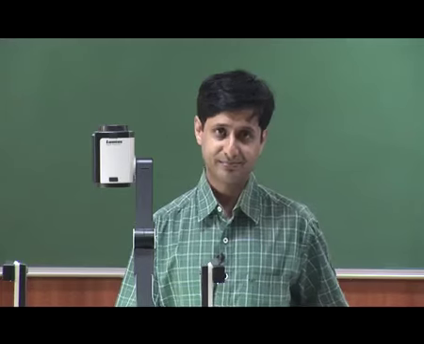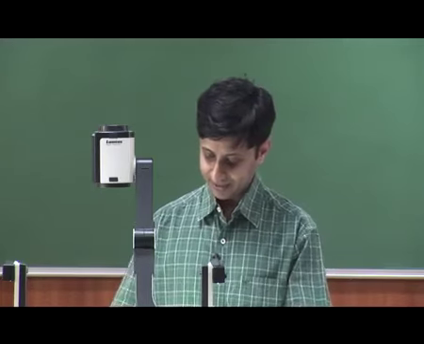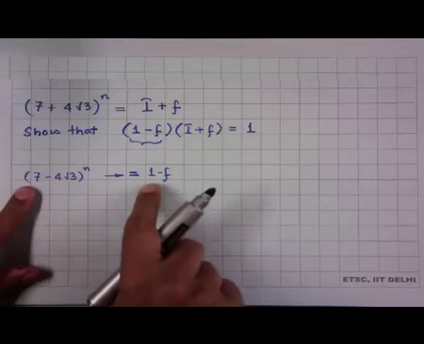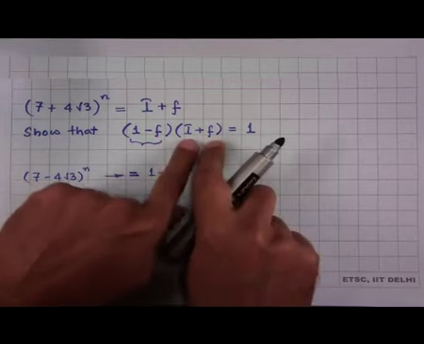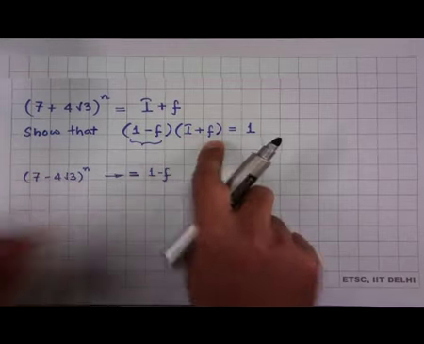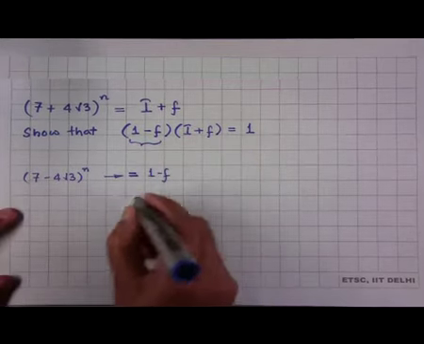All right. So, if that is the case, 7 minus 4 root 3 whole power n is equal to 1 minus f. So, this is 7 minus 4 root 3, this is 7 plus 4 root 3 whole power n.